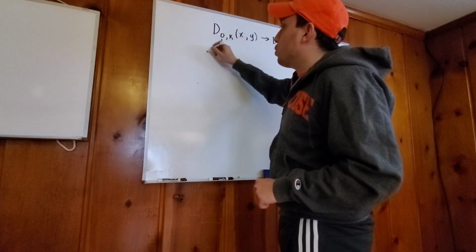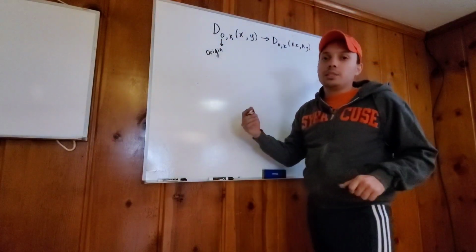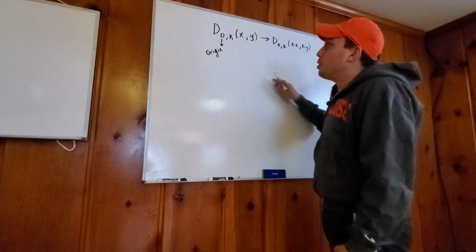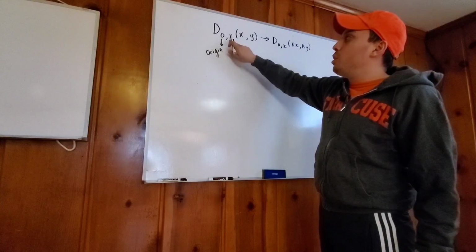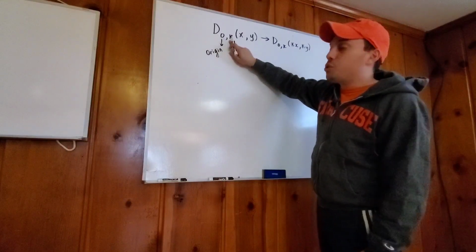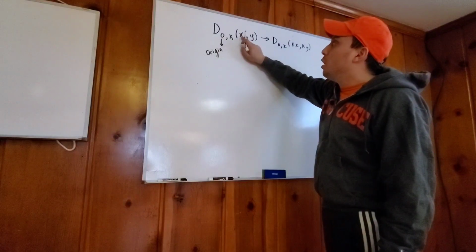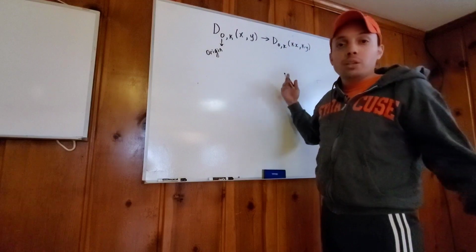This is O for origin. And then K is going to be a constant. Constant is going to be a number. It doesn't have any variable. So what they're going to say is dilation in reference to the origin by K, which is going to be maybe like 5 or 4, whatever number it may be, of X and Y. X and Y, obviously, it's a point in the coordinate plane.